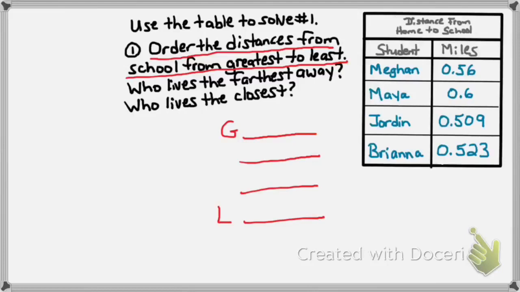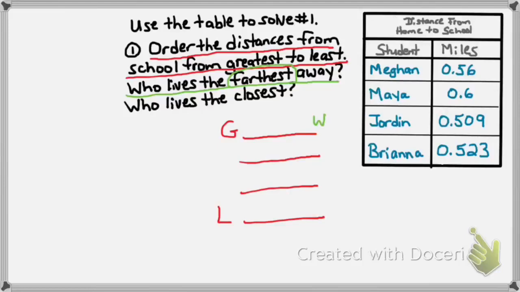So the next question asks me, who lives the farthest away? Well, would the person who lives the greatest distance away live the farthest away? Or would the person who lives the least distance away live the farthest away? That's right, whoever lives the greatest distance away will live the farthest away.